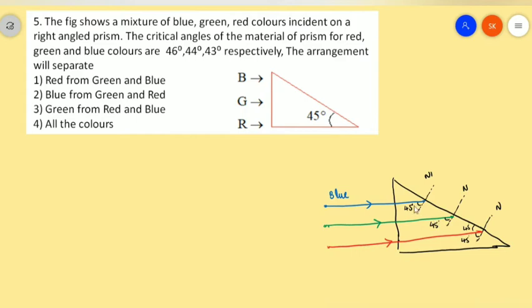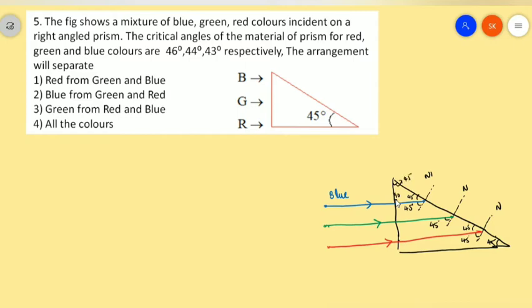Because in the question itself they gave this angle as 45. When this angle is 45, automatically this angle is 45, and this is 90.